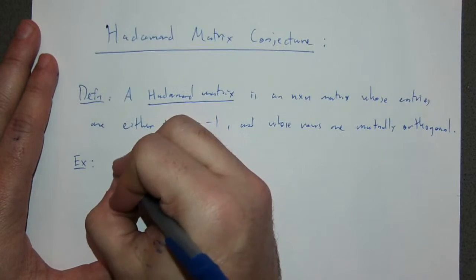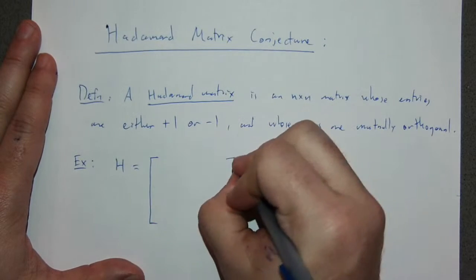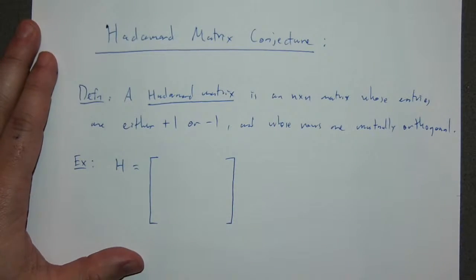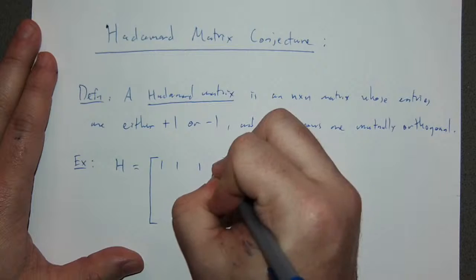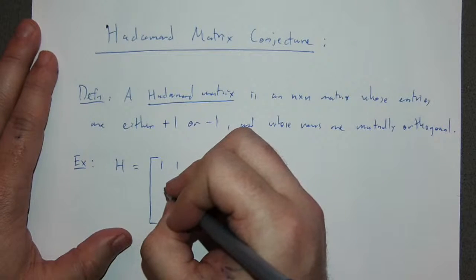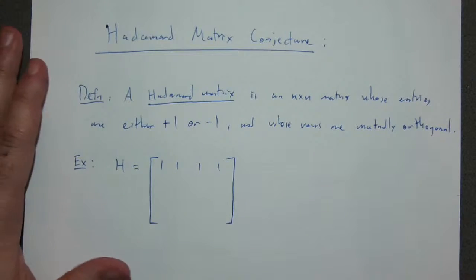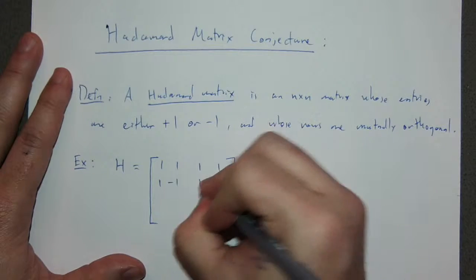So here's an example of a Hadamard matrix. I'll call it just H. We'll do a 4x4 here. The first row is all ones. The second row is 1, -1, 1, 1.